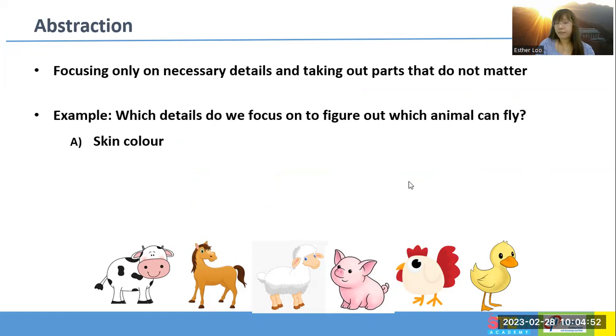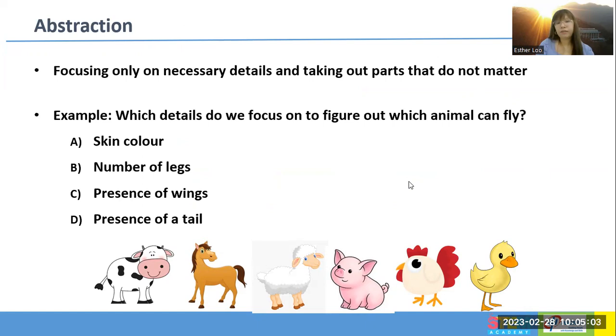So will you look at the skin color? No, right? Even though they have different colors, numbers of legs, and presence of tail. We need to find out which animal can fly, right? We don't look at the skin colors, we don't look at how many legs or tails they have, as long as they have wings. Wings can make them fly.